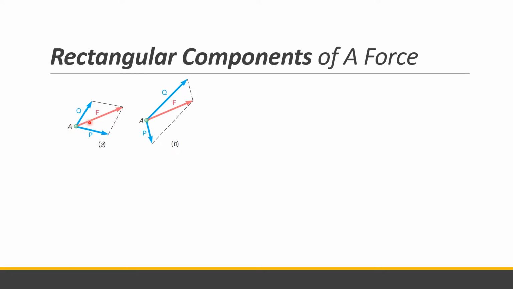So say you have force F here acting on a particle A. So the components could be Q and P in this manner and also in this manner. So these forces are called again the components of the original force F. And the process of substituting them for F is called resolving a force into components.